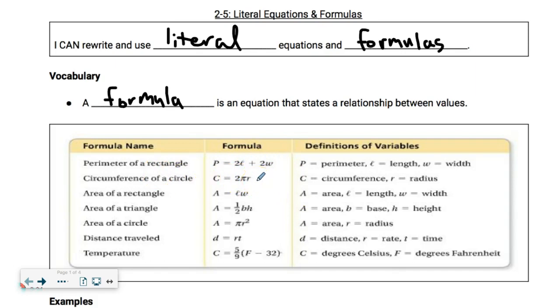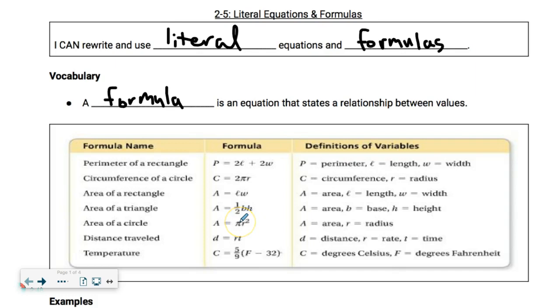Area of a rectangle, area equals length times width. Triangle, 1/2 base times height. Area of a circle, pi r squared. Distance equals rate times time. Temperature, if I'm going to calculate Celsius given the Fahrenheit, it's 5/9 times the difference of the Fahrenheit temperature minus 32.